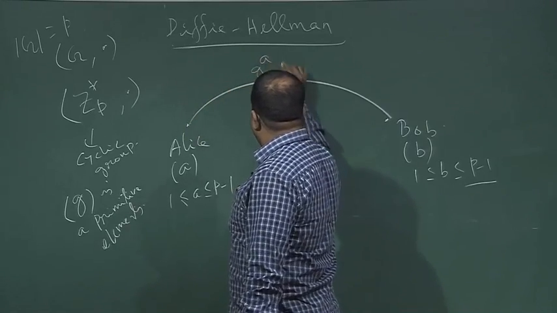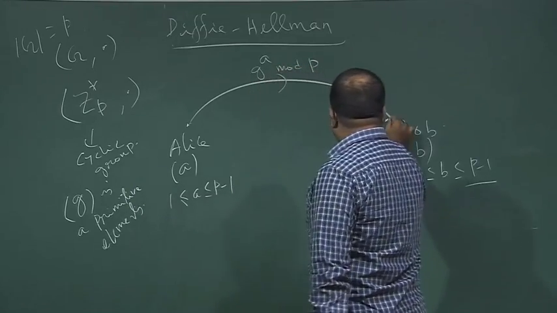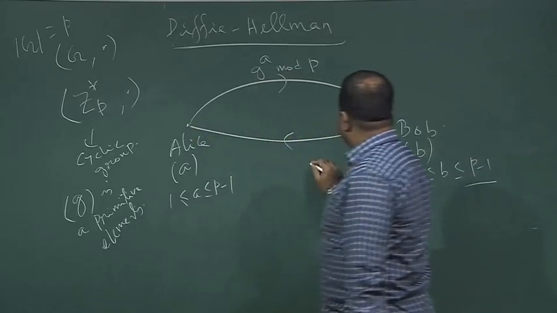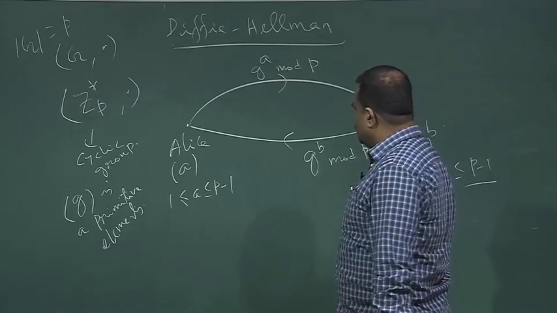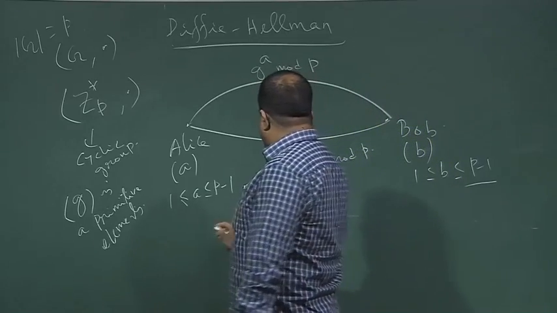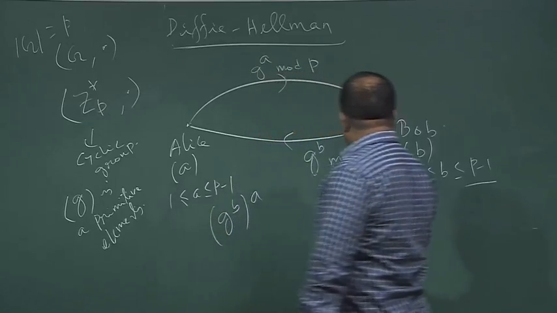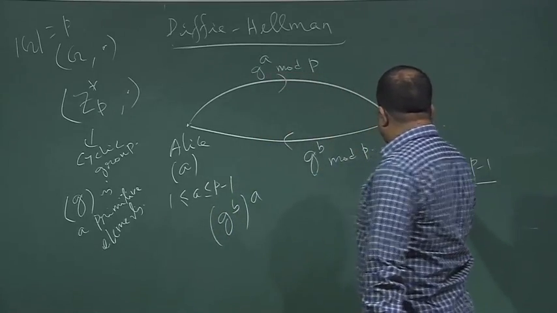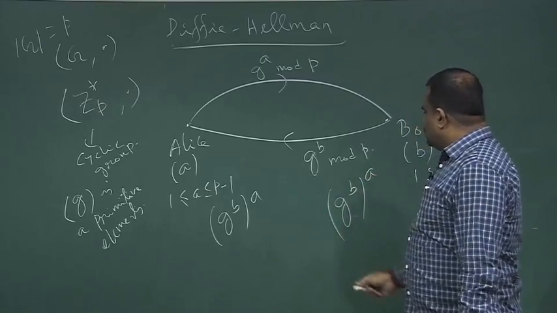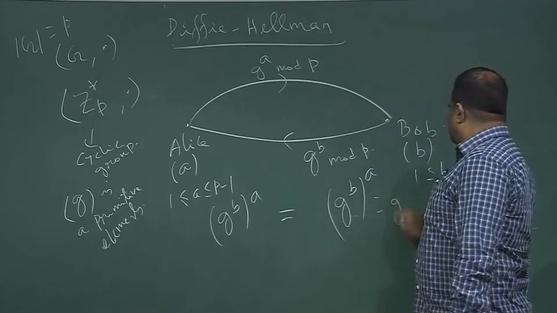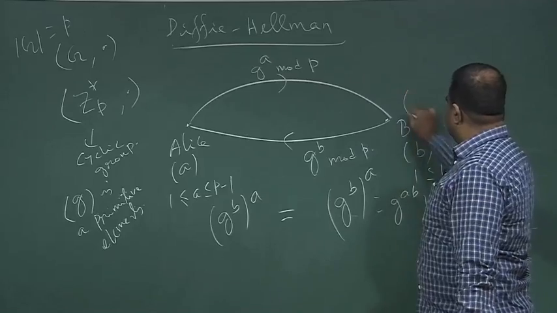So G to the power A mod P is public, and Bob sends G to the power B mod P. After receiving G to the power B, Alice, who has A, computes G to the power B to the power A. Bob, after receiving G to the power A, and having B, computes G to the power A to the power B. These are the same, G to the power AB mod P.